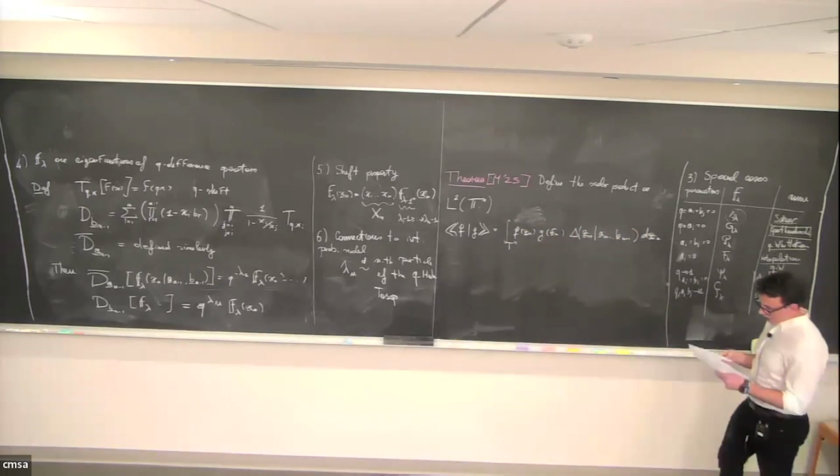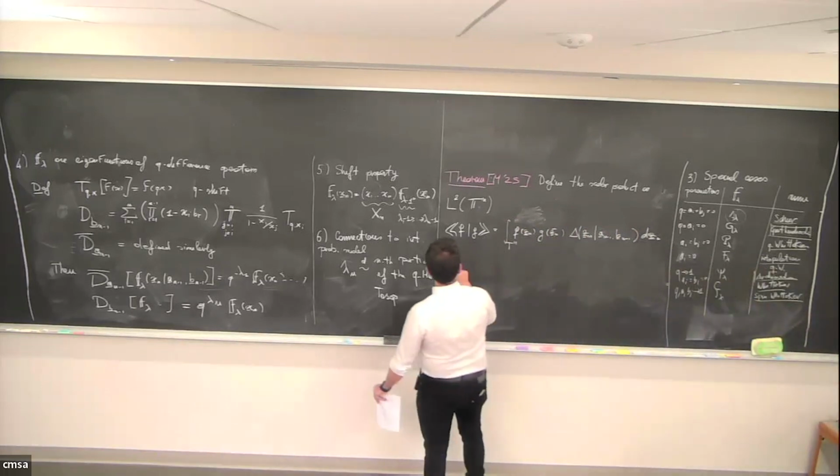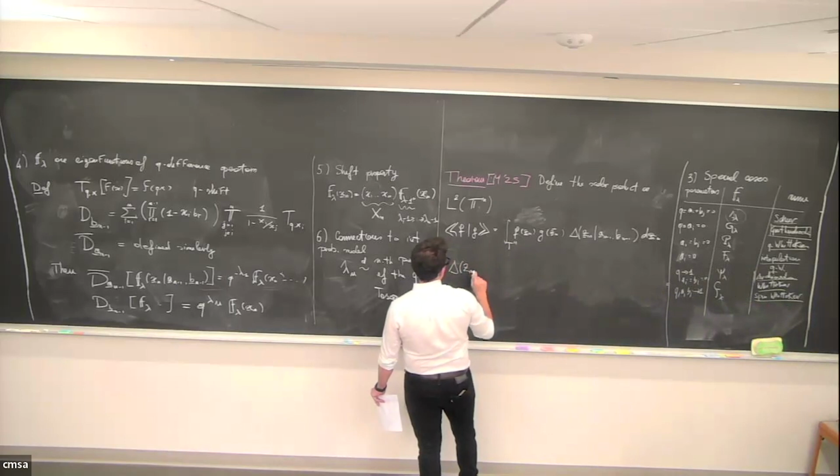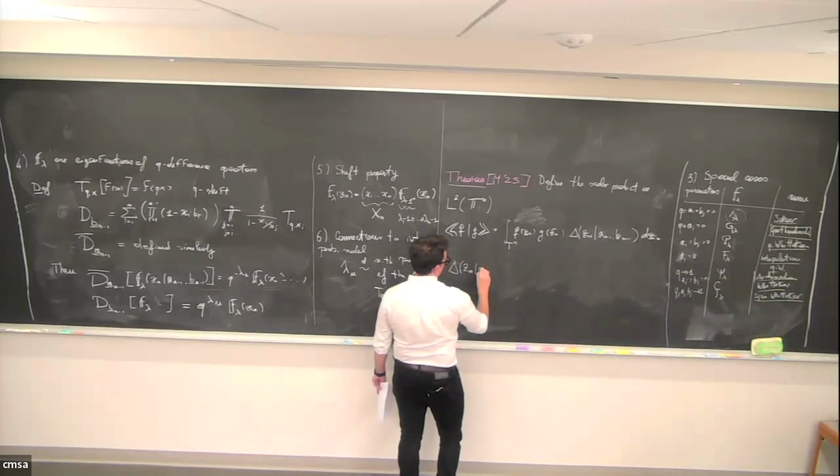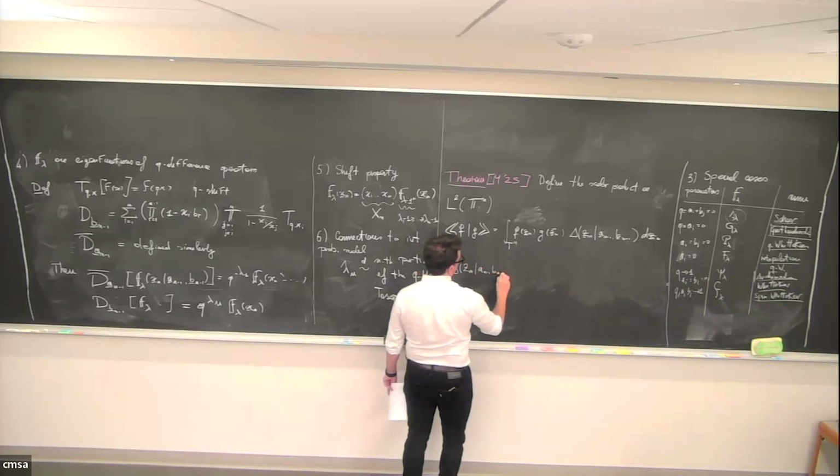So we're integrating over n variables, and now we have to define who is lambda n, delta of zn, a n minus 1, b n minus 1.